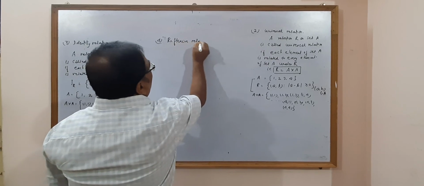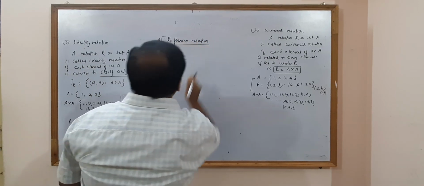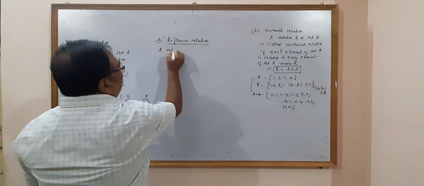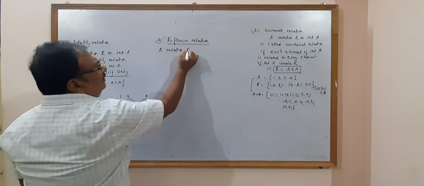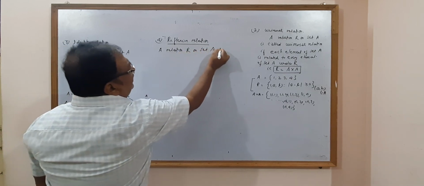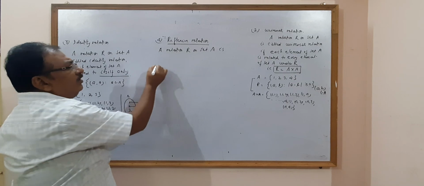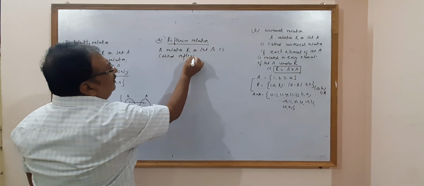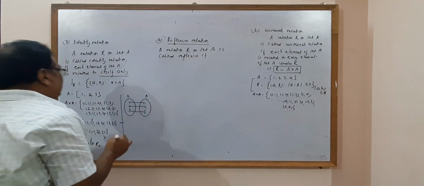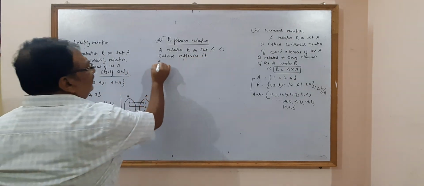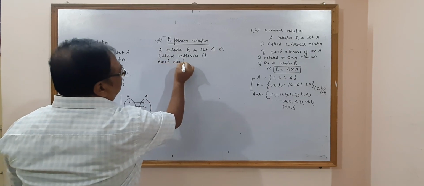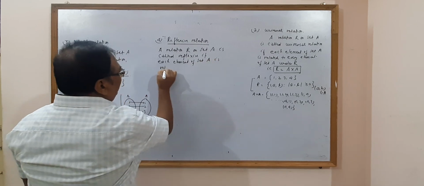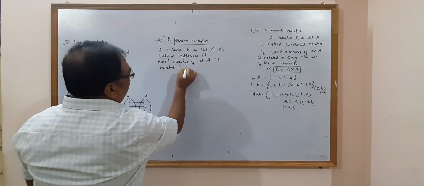A relation R on set A is called reflexive if each element of set A is related to itself.